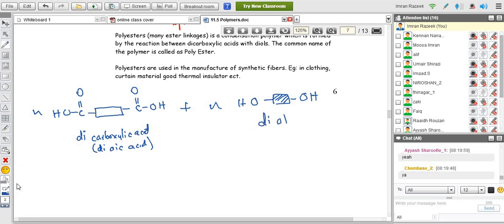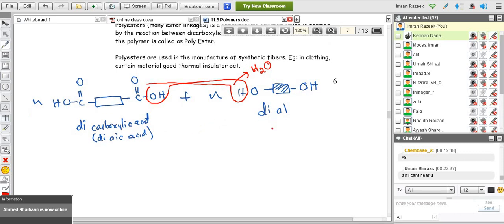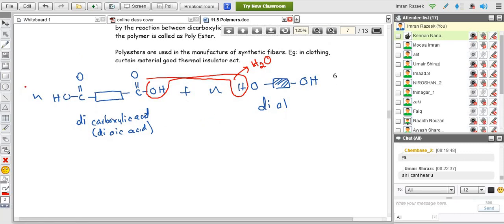And then what happens, as I explained before, is the elimination. The OH is removed by this H, right? A water molecule is lost. Always the alcohol gives the H and the carboxylic acid gives the OH. That's very important for you to remember, because you might wonder why we are so concerned about who gives what.